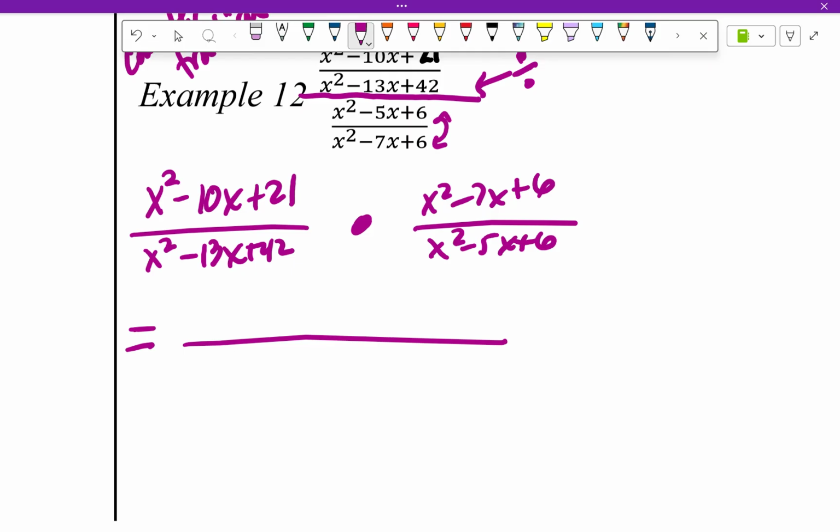It should be about 30 to 45 seconds on your own. Make sure you get all the way to simplified. Okay, check with somebody at your table.